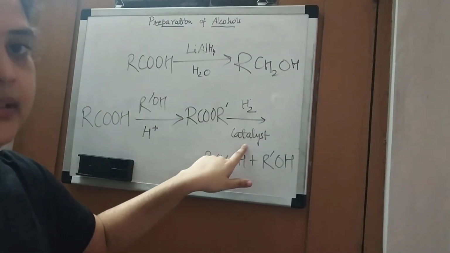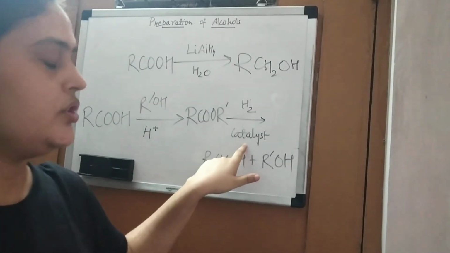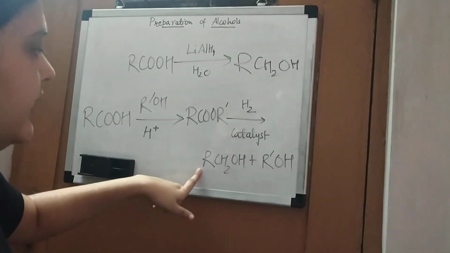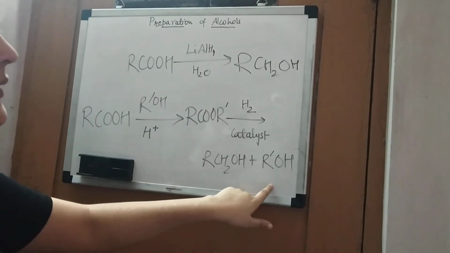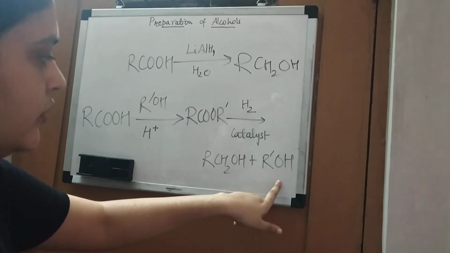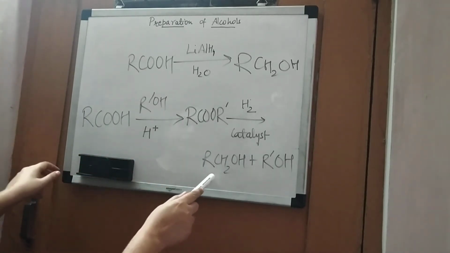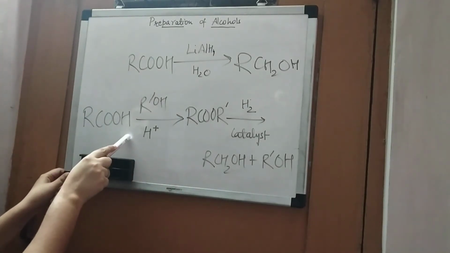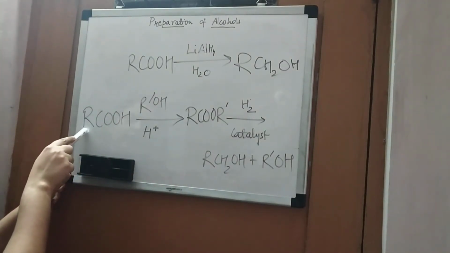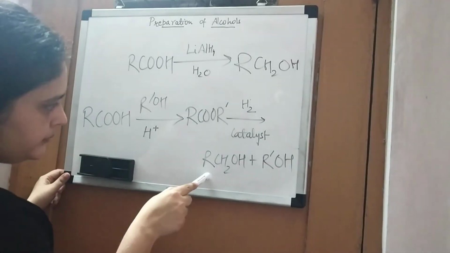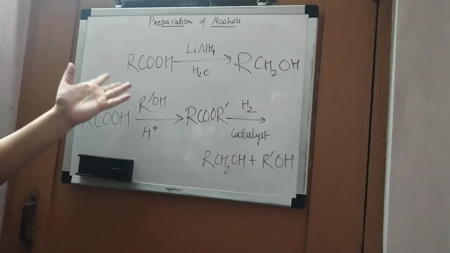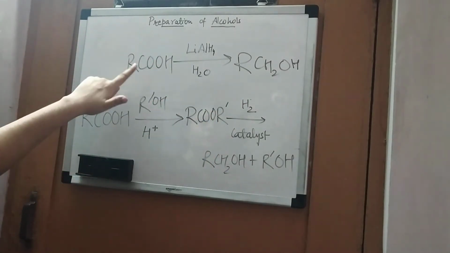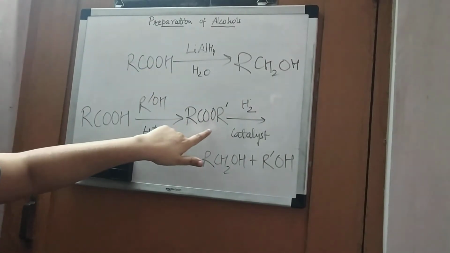This is called catalytic hydrogenation and we then get the primary alcohol, plus this other alcohol, which is produced from this acid. The R group here is the same. So this is how we can produce alcohol from acid as well as from ester.